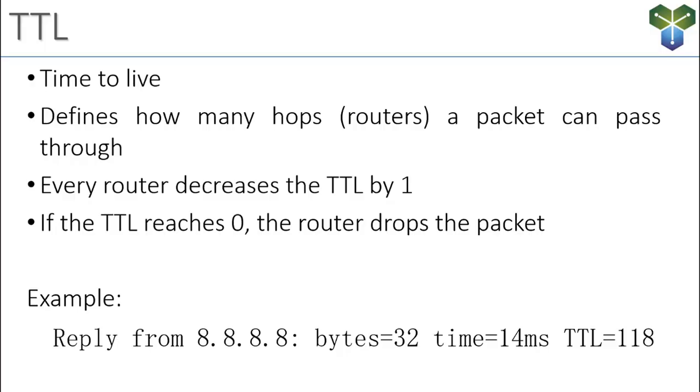And within this ping, you can see the very final value is the TTL. And you can see here the TTL is 118. So that is the value of the TTL when the response was received. And let's just assume that this started at 128. So what that means is that this packet went across 10 routers before we got our response.